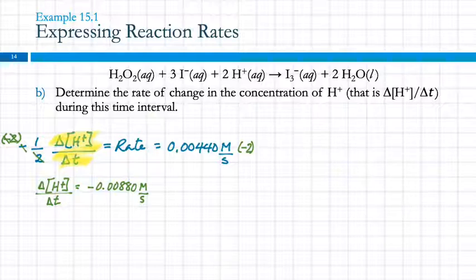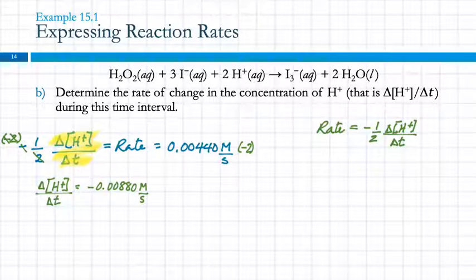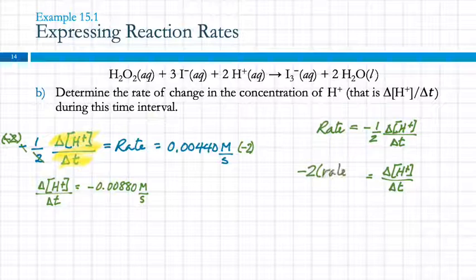So we took this equation, rate is equal to negative 1/2 times delta H plus over delta t, and we're rearranging it and solving it so that we get delta H plus over delta t is going to be negative 2 times the rate.